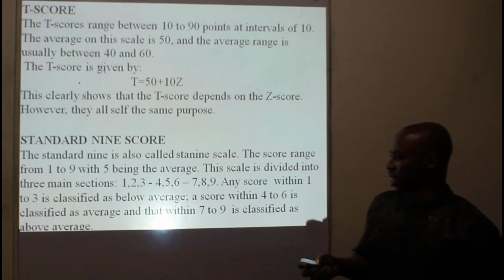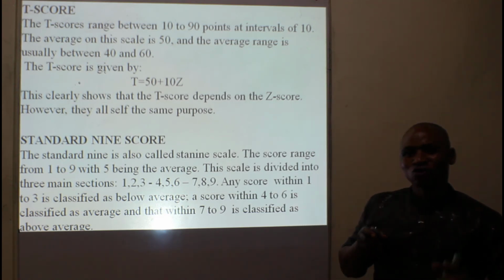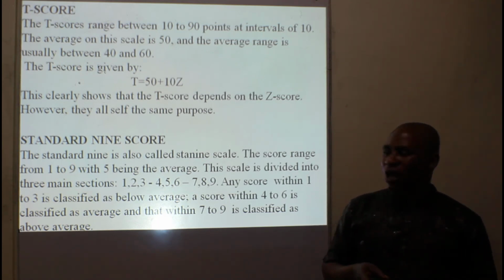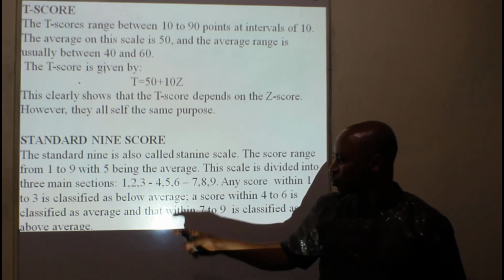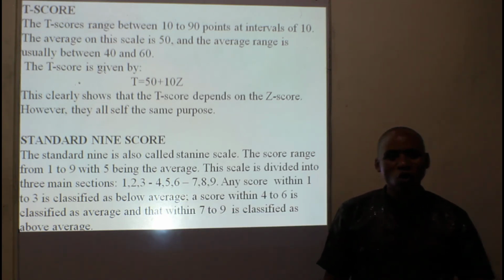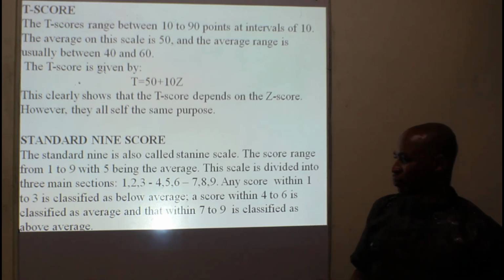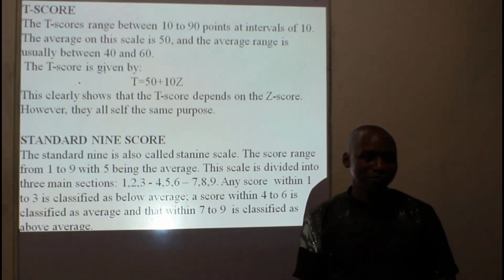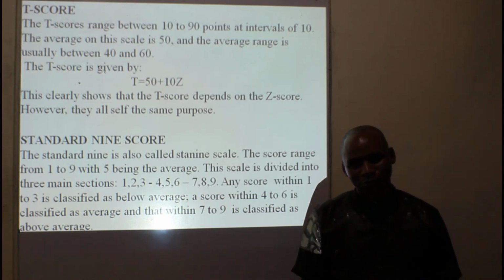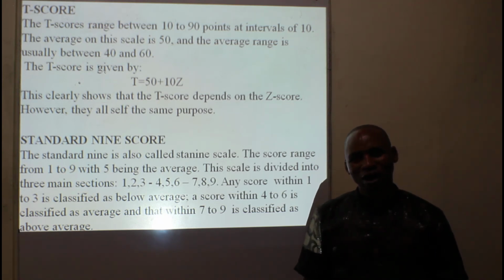So what it means is that if, for instance, a teacher organized a class test and scored the marks over 10, anybody who scores between 1 to 3 will be classified as a below average student. And anybody who scored a mark between 4 to 6 will be classified as an average student or an average score.